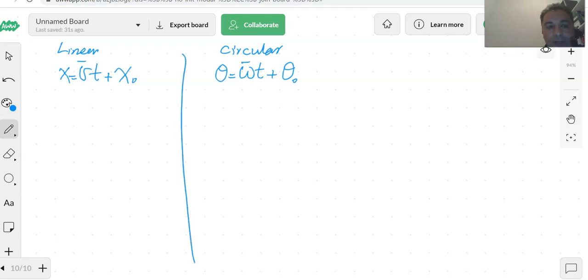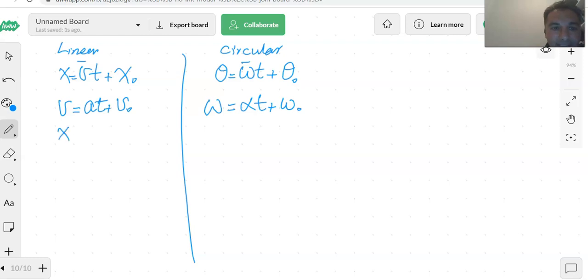So this is linear motion, and here in circular motion, correct? Let me write the equations. As we had v equals at plus v naught, here we are going to have omega equals alpha t plus what? Omega naught.